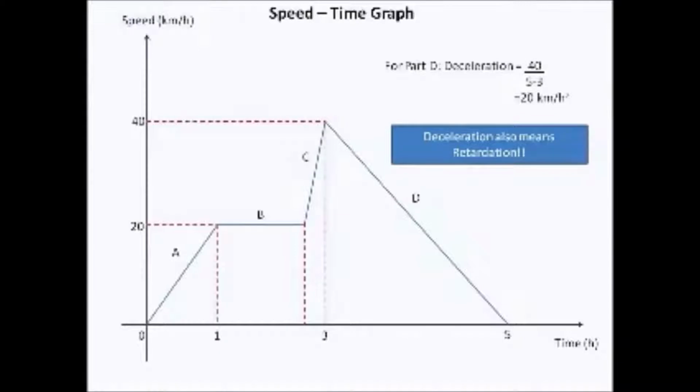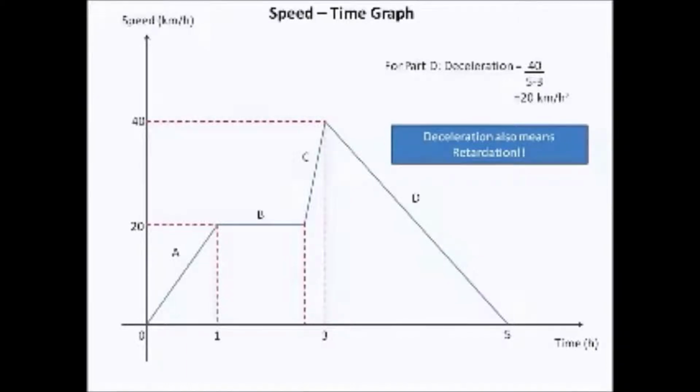Take a look at part D. The gradient in this case is negative as it slopes downwards. So in this case, we are finding a deceleration. Workings will be the same as we are going to use the change in y over the change in x. Final answer would be 40 divided by 5 minus 3, which gives you 20 km per hour square.